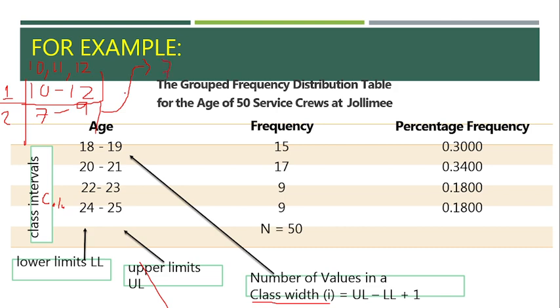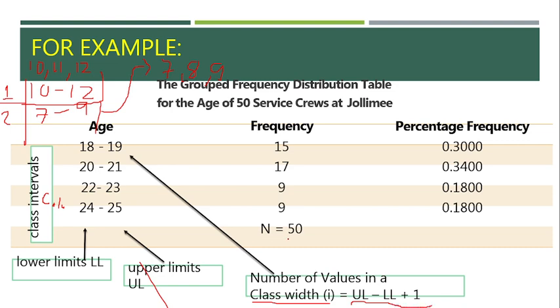It has 7, 8, and 9. Okay. So maybe if you search for the formula for class width or class size, you will see some formulas like upper limit minus lower limit only. But in sense, you should have the formula UL minus LL plus 1.